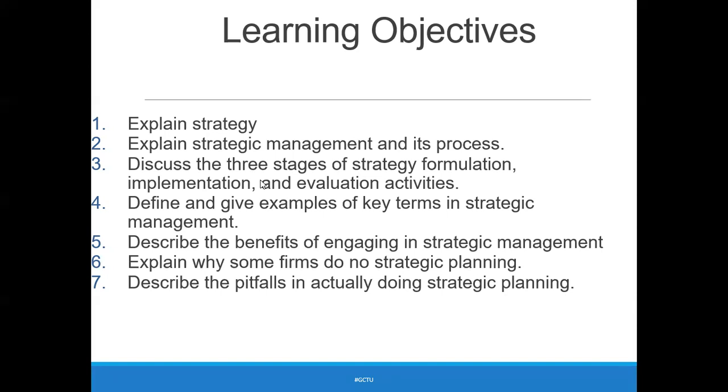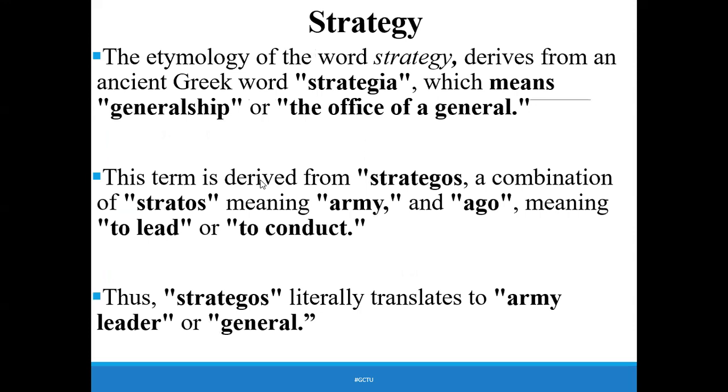We will also look at why, despite the benefits of strategic management, some organizations may decide not to engage in it altogether. And finally, we will look at the pitfalls that we should be wary about and look out for so that our strategic management activity can be successful. So let's begin with the concept of strategy.